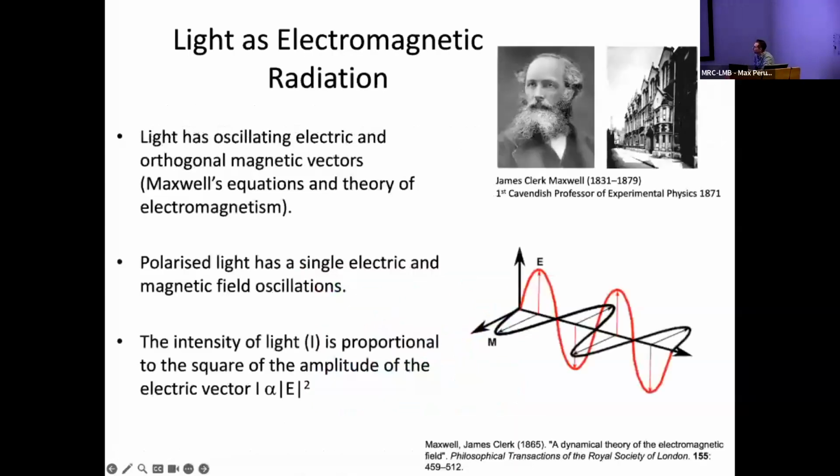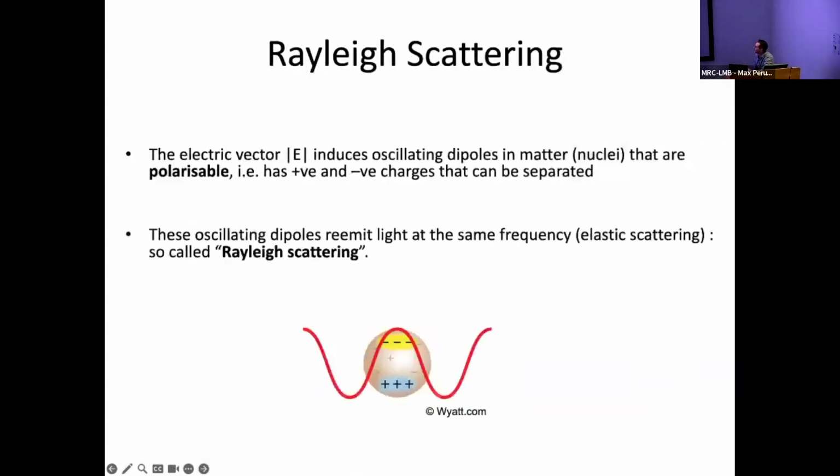Basically, light has oscillating electric and orthogonal magnetic vectors, which you see here. Polarized light has a single electric and magnetic field oscillation. What's important is that the intensity of light is proportional to the square of the amplitude of the electric vector. So what Rayleigh showed here is that this electric vector induces oscillations of dipoles, and that means that they're polarizable.